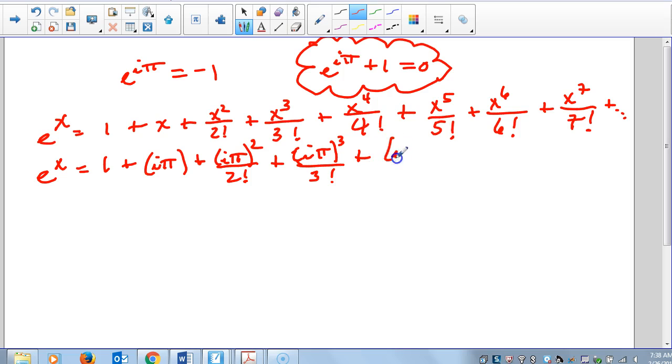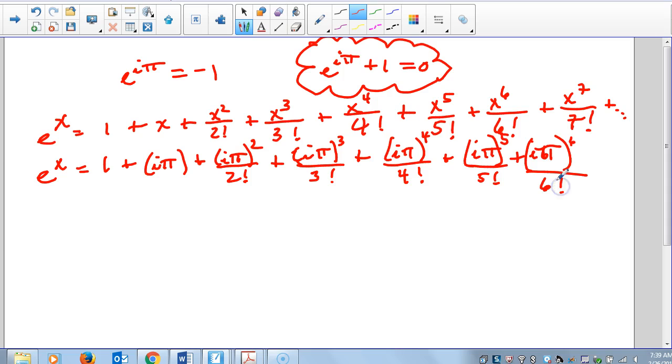Plus, here we get to the term for i to the 4th, which is simply 1. Remember, this repeats in groups of 4. I'm sure you derived that in algebra 2. If you didn't, that's okay. No worries. 5 factorial plus i pi to the 6th over 6 factorial. I'm going to try to squish that 7 in there.